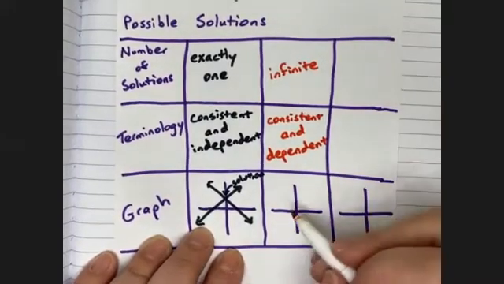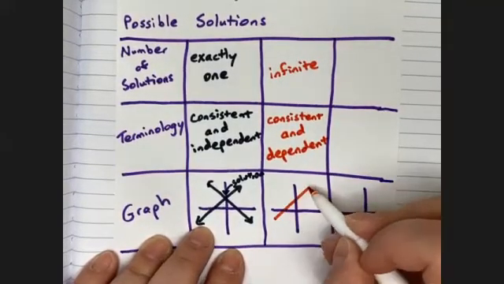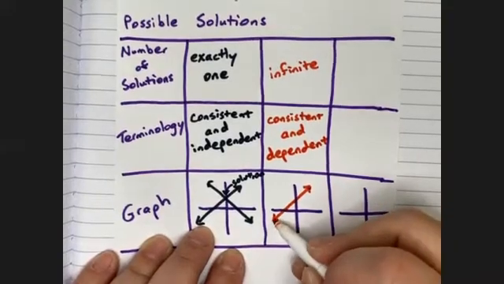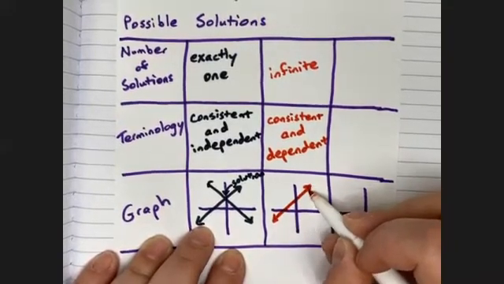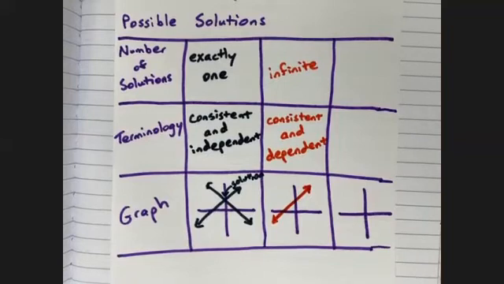And when you graph it, it looks like one line, and then the second line literally is going to be right on top of it. So it only looks like one line, even though you've graphed two things. And so therefore, it is an infinite number of solutions, because any point that's on that line would work as a solution.